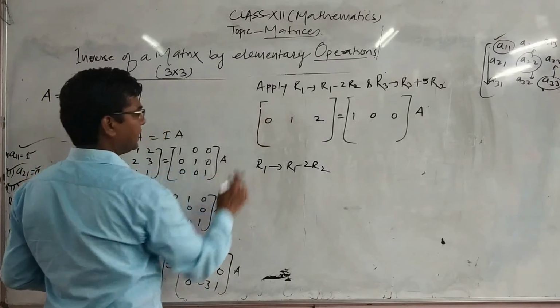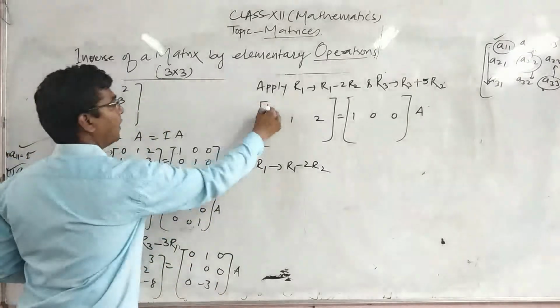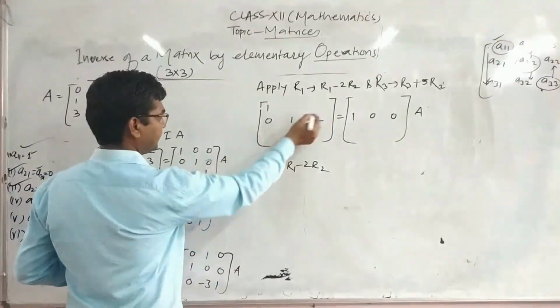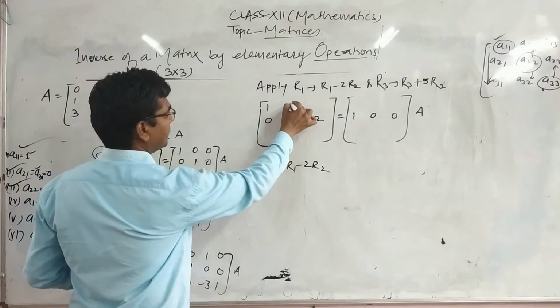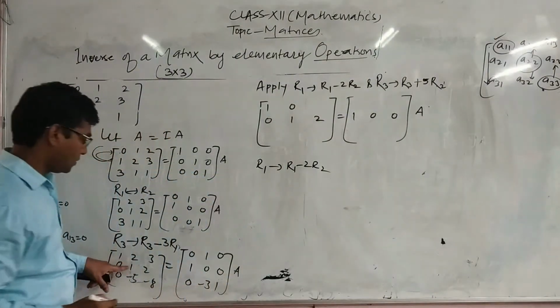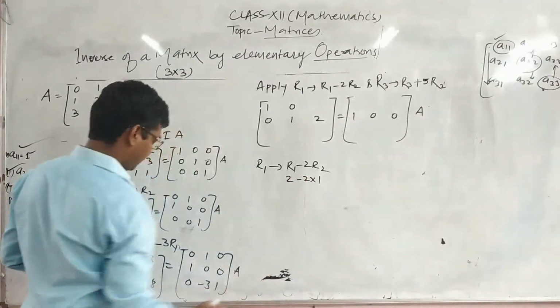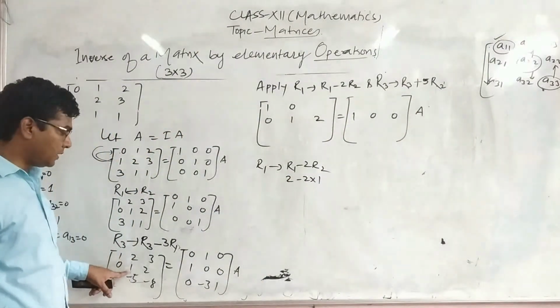So R1 from here, this will definitely be 1, and here it will be 0, because R1 is 2 and 2 into R2 is 2. So it will be 0.